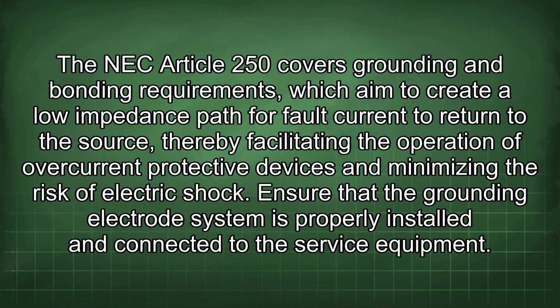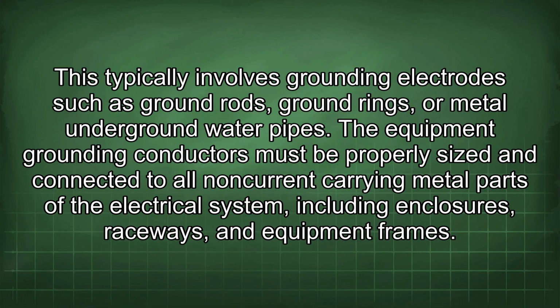Ensure that the grounding electrode system is properly installed and connected to the service equipment. This typically involves grounding electrodes such as ground rods, ground rings, or metal underground water pipes. The equipment grounding conductors must be properly sized and connected to all non-current carrying metal parts of the electrical system, including enclosures, raceways, and equipment frames.